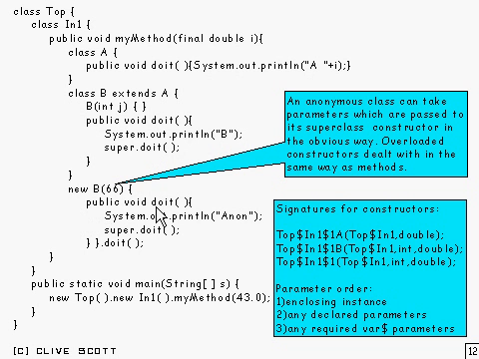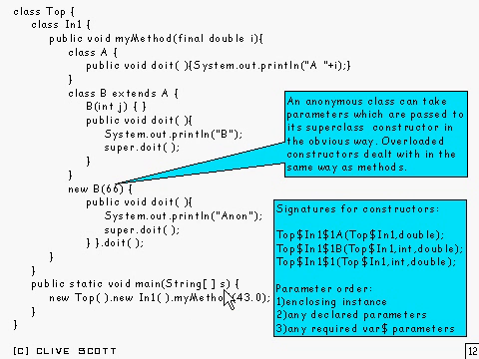And its version of doIt just prints out anonymous and calls the superclass version of doIt. And then after constructing that anonymous class, we call doIt, that actual method there.